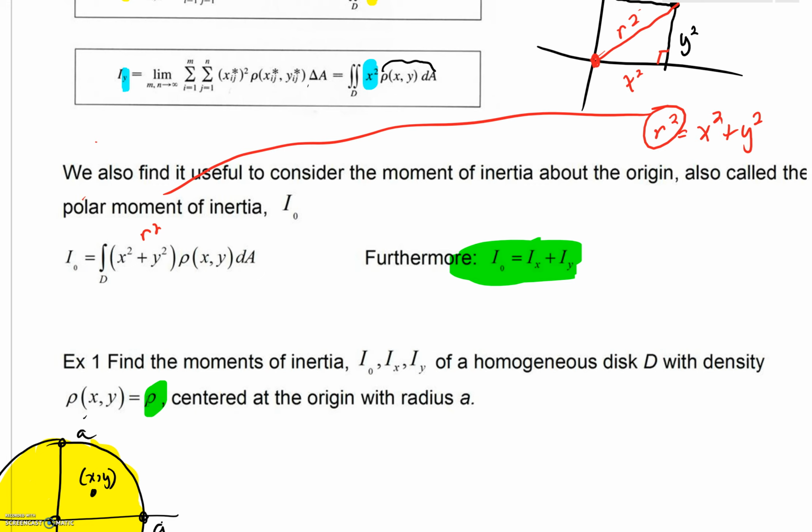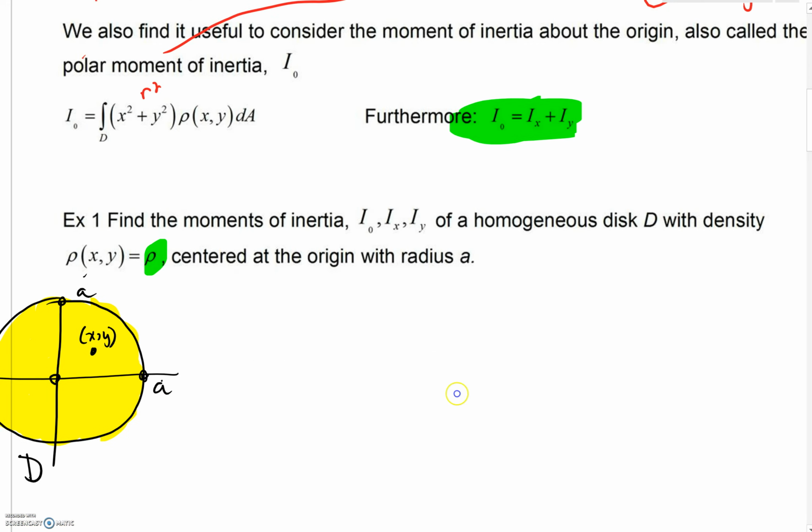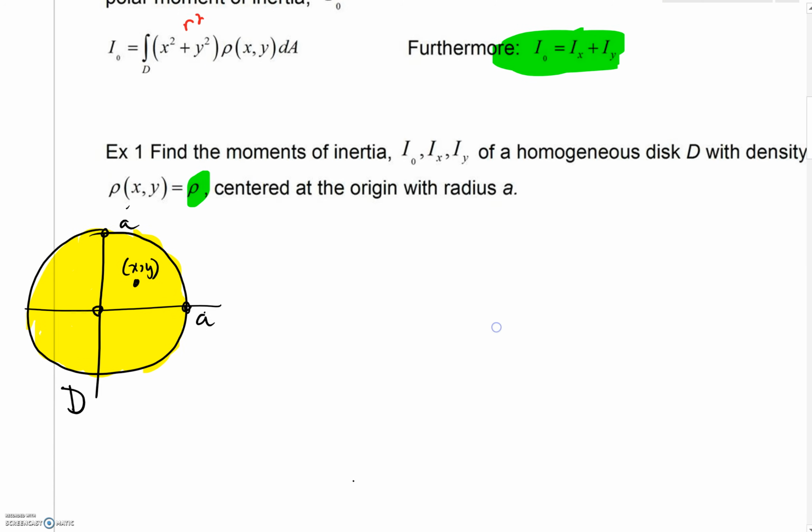We don't have that constant specified, but we're centered at the origin, and we've got a radius of a. Let's jump into the polar moment. That seems to be the one, and we've got it right up here. By the way, there should be a double integral right here. Please fix that in your notes.